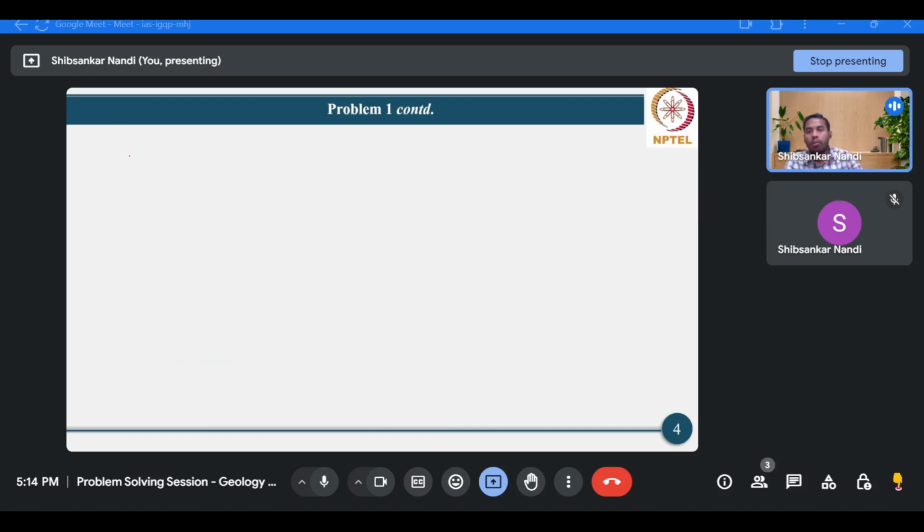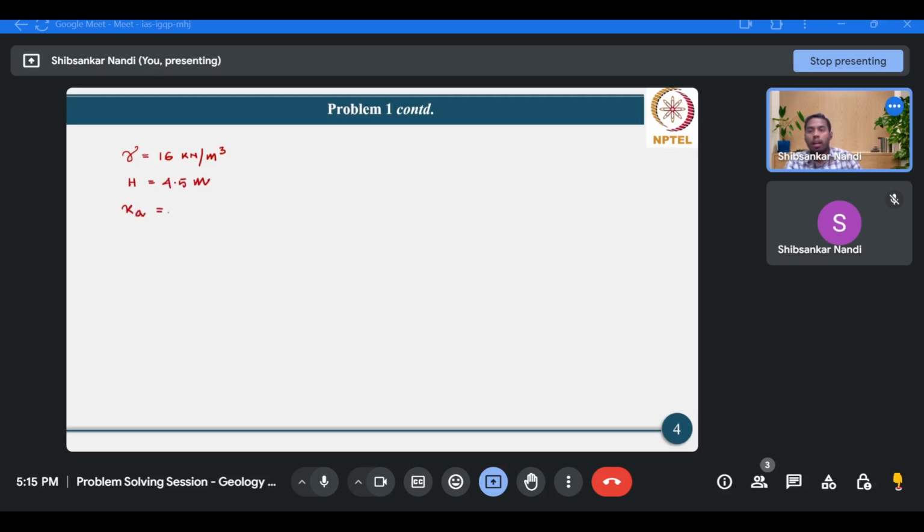For this problem your gamma is 16 kilonewton per meter cube, then H is 4.5 meter, and what is Ka?